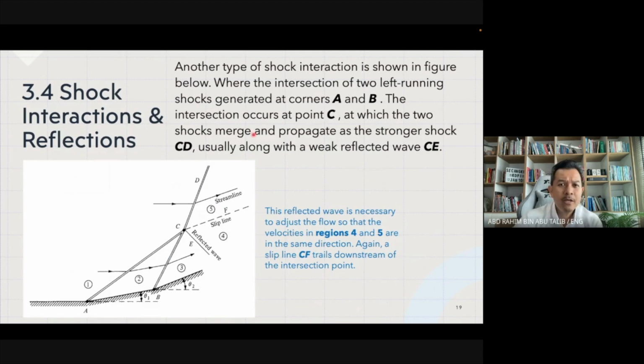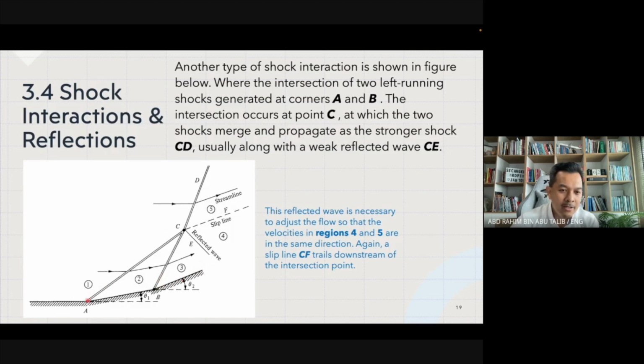Another type of shock that can also happen, depending on the different angles, is the intersection of two left running shocks generated at corners A and B. So we have the normal first situation A and B with angle theta 1, and then the intersection occurs at point C, where we have another shock being produced at theta 2.